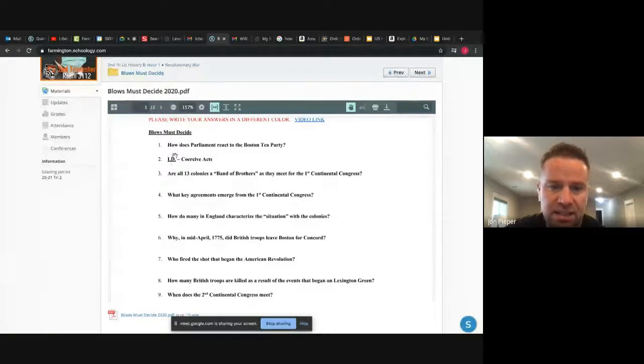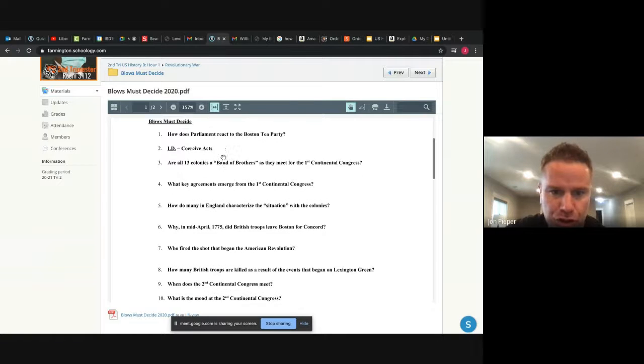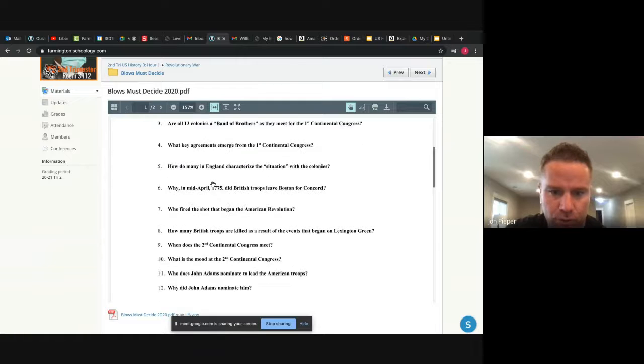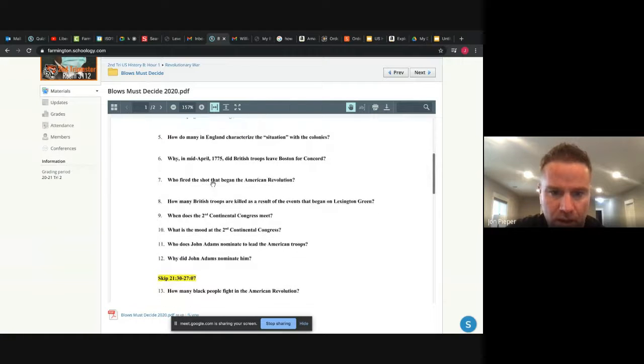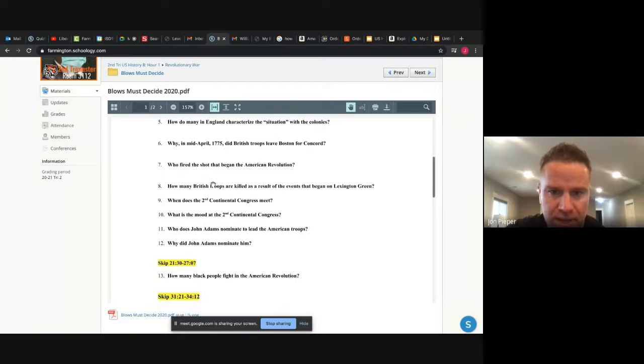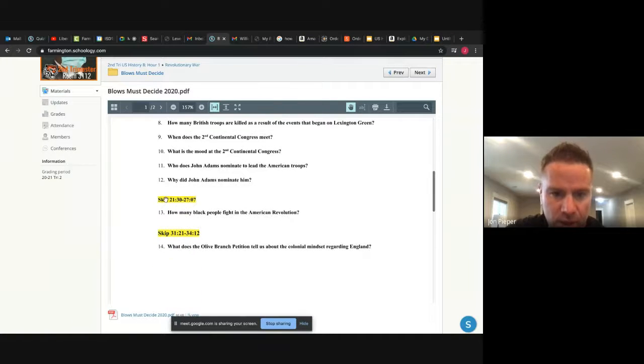When I say ID, understand that means identify. Basically, tell me the significance of the Coercive Acts. This is all pretty straightforward. You should be able to answer all of these, no problem. Pay attention to the yellow part here. When I say skip, when you go to the actual video, you can skip minutes 21:30 to 27:07.